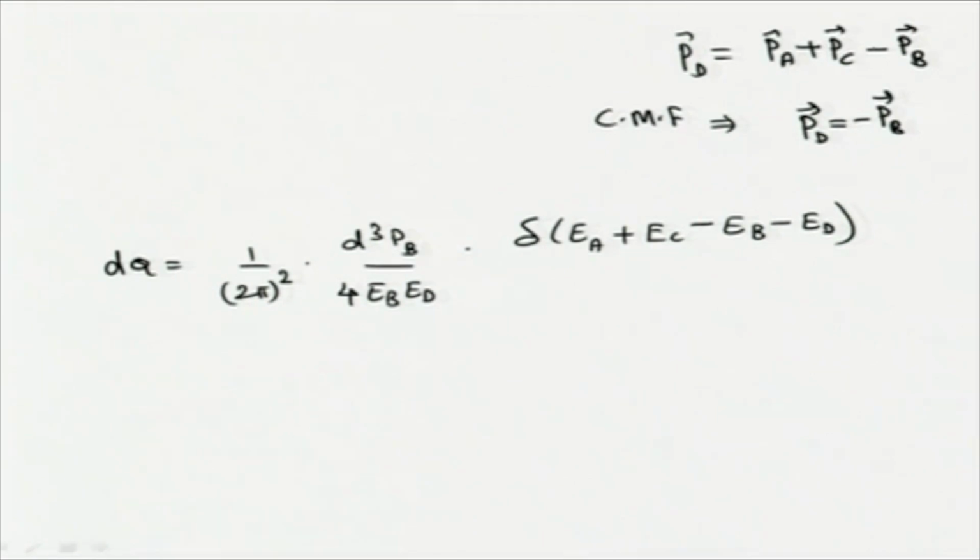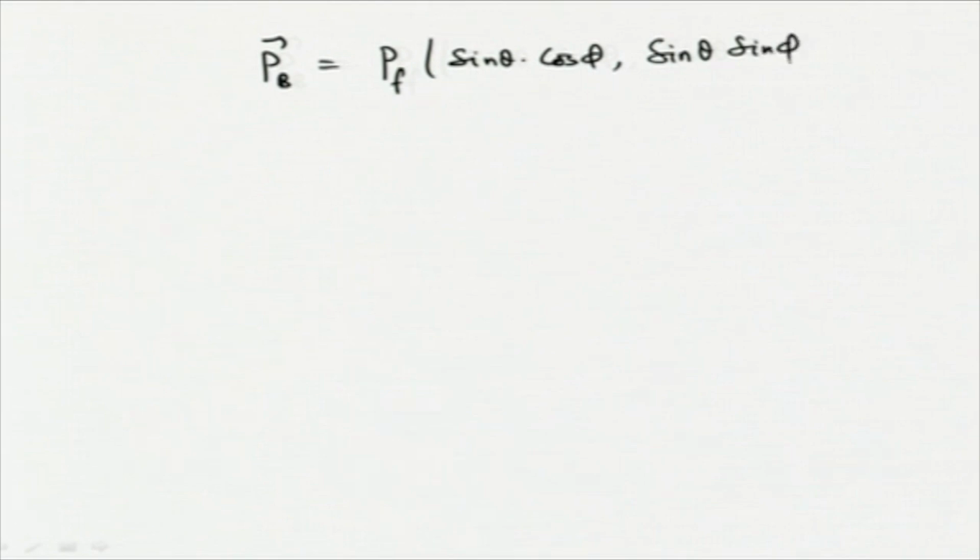All right. Now, let us look at this other integration d 3 P B. The 3 dimensional P B, let me write as P F the magnitude, sin theta cos phi, sin theta sin phi, and cos theta, in polar coordinate system, where theta is the polar angle and phi is the azimuthal angle of P B. In this case, d 3 P B is essentially the volume element.